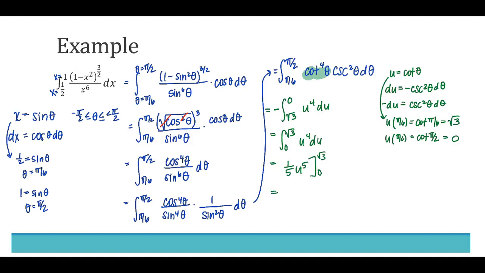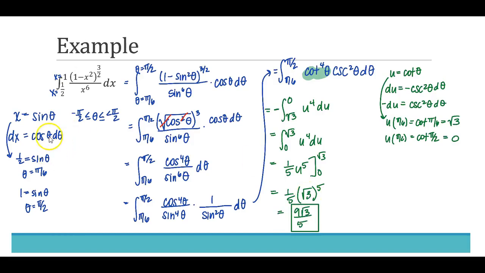So if I plug in the radical 3, I have 1/5 and then radical 3 to the 5th. To simplify this even further, I can take radical 3 to the 4th, which would be 9. Radical 3 times itself 4 times is going to give me 9. So I could write this as 9 radical 3 over 5.